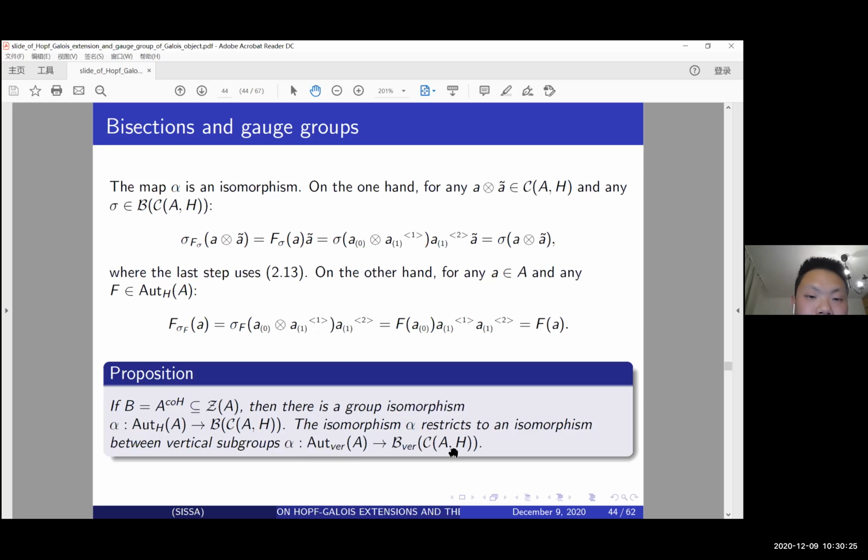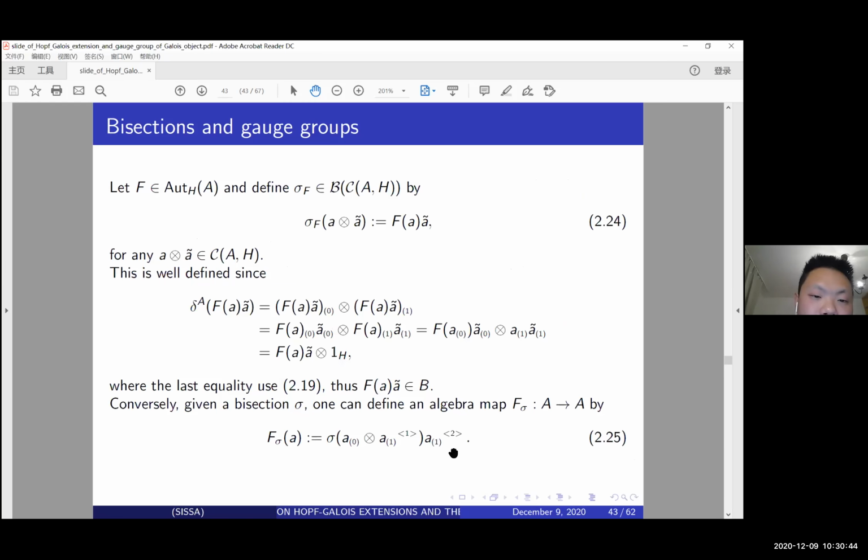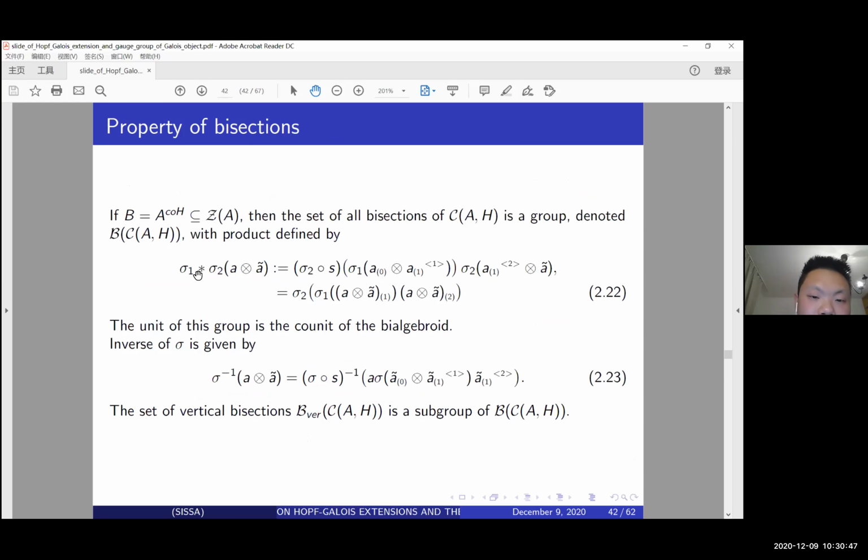Okay. And can you point your finger to where exactly you use the centrality of B in A? What do you mean? Where did you use this assumption that B is central in A? Okay, so I think here, for example, if we want to get this composition of sigma being an algebra map, we always need to use B belonging to the center in order to make this an algebra map.